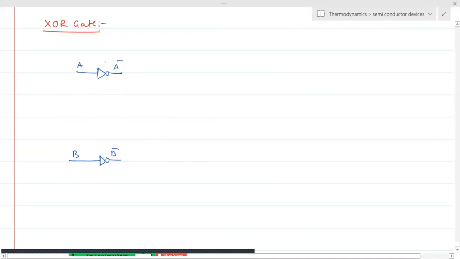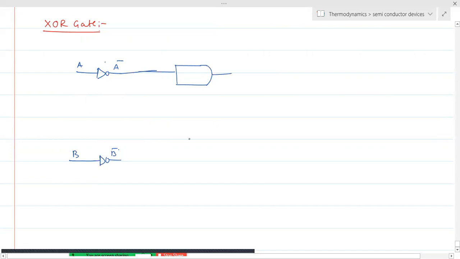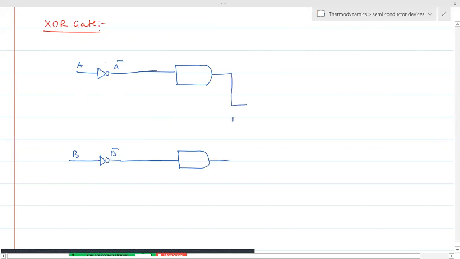Now we are connecting it to an AND gate. Here also we are connecting it to an AND gate. And the final is given to an OR gate.